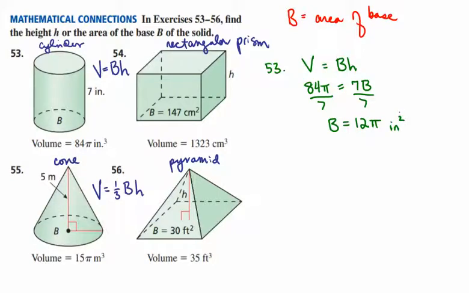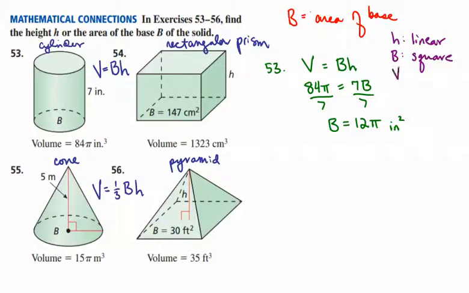Remember, we have three types of quantities here. We have a height, and let's just mention here that height, its units of measure are linear. That means it doesn't have an exponent. We have the area of the base, its units of measure are square.